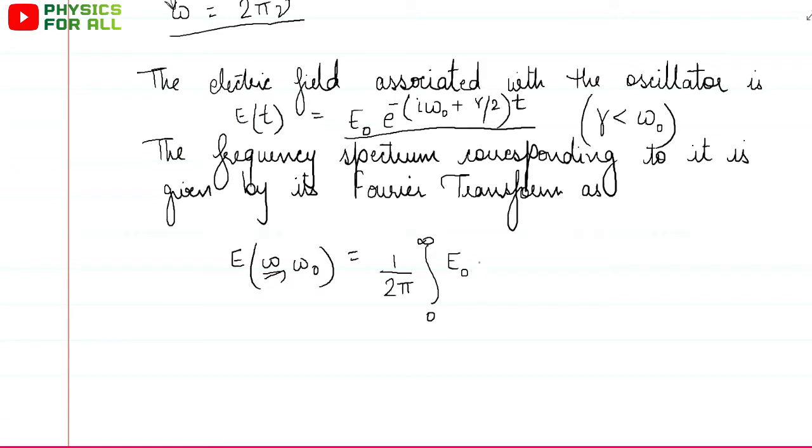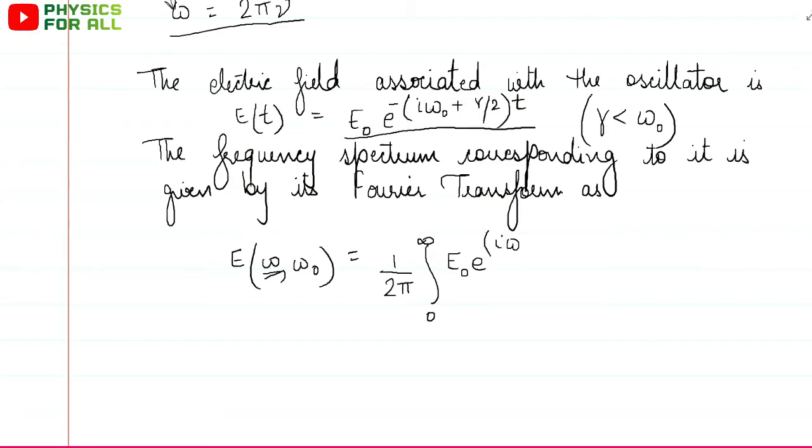E naught is already there. The exponent is minus iota omega naught and minus gamma by 2 basically. We have to introduce omega here. What I'm trying to do first is iota omega. This is the term I have introduced because angular frequency is always written along with the iota.